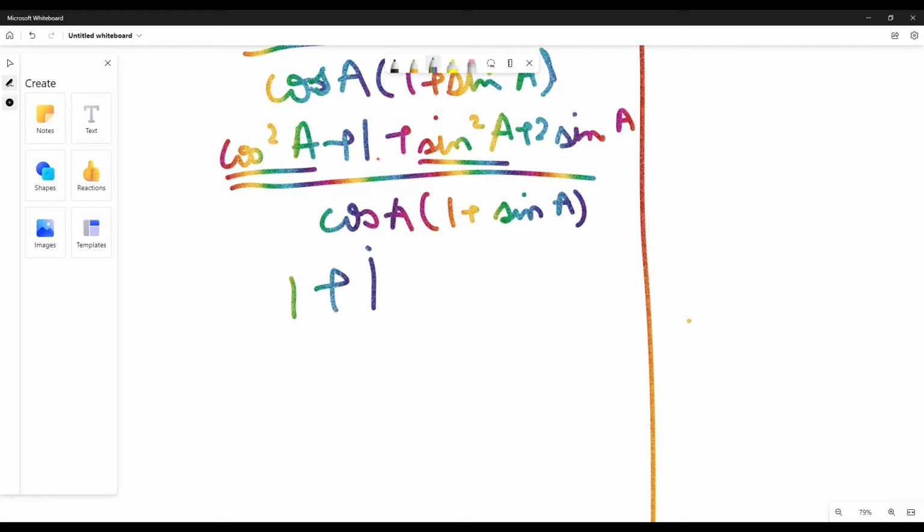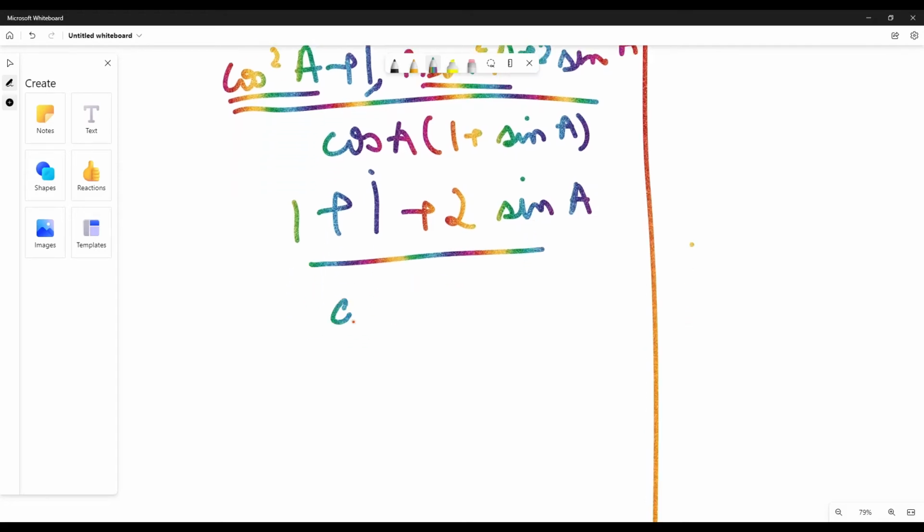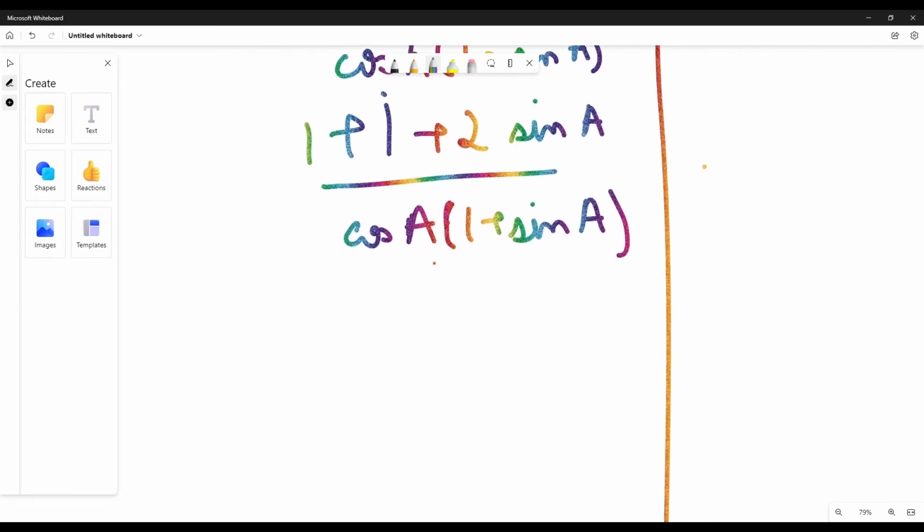Then this one is already there, plus 2 sine A. Now I think everyone can just do it on their own, because it's pretty easy from this point. That's why I told you not to multiply it, because then it only confuses you.